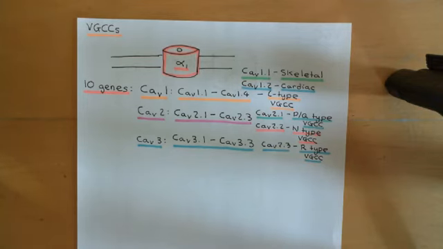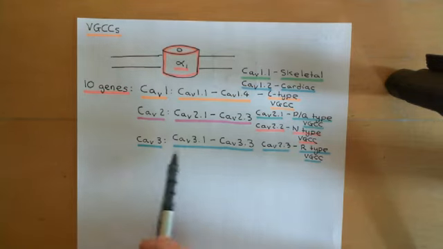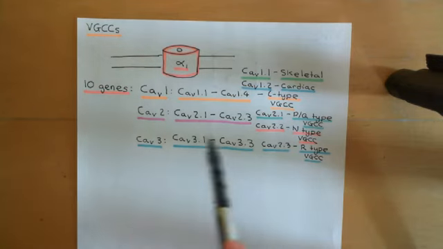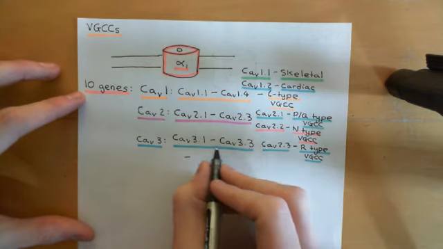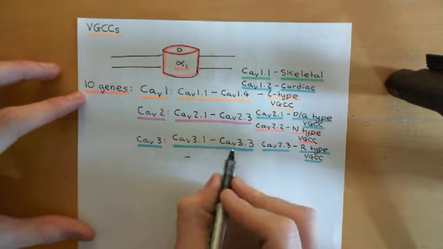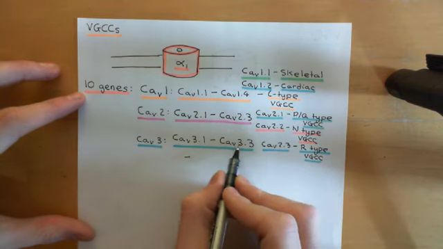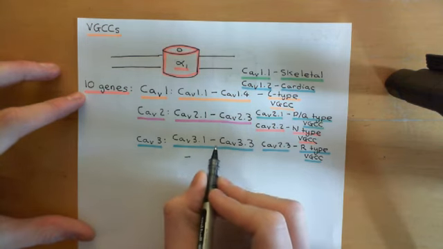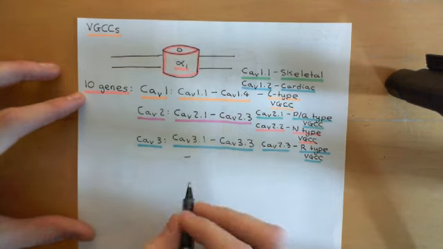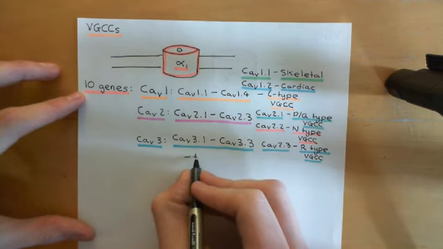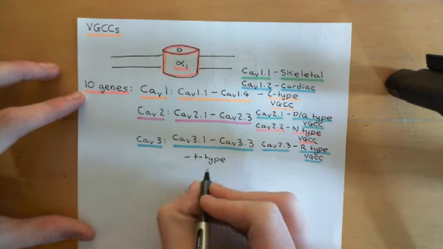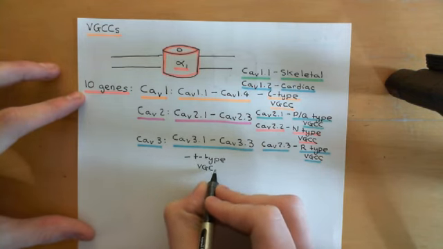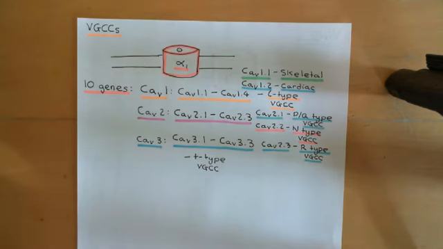So the different genes in the CAV2 family, the voltage-gated calcium channels they give rise to are all given these different names. Now, when we go back into the CAV3 family, it goes back to being much broader, like it was for L-type voltage-gated calcium channels. If you make a voltage-gated calcium channel which has as its alpha-1 subunit a CAV3.1, a CAV3.2, or a CAV3.3 type alpha-1 subunit, then your voltage-gated calcium channel is called a T-type voltage-gated calcium channel, or a T-type VGCC.